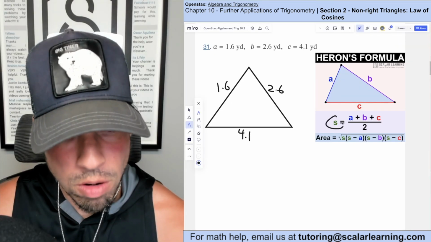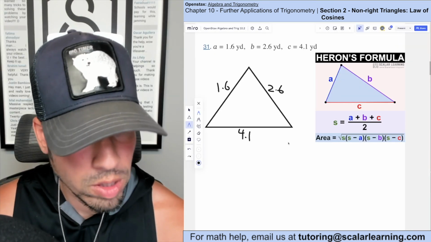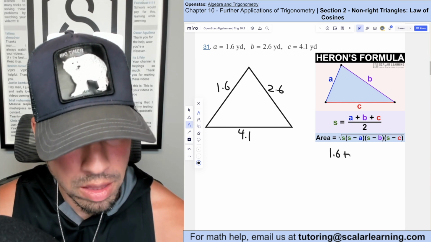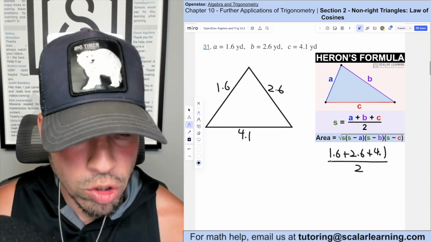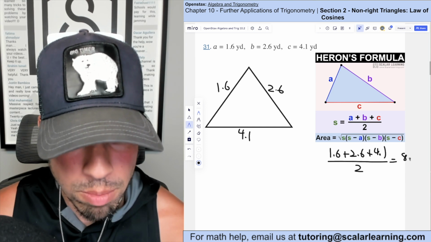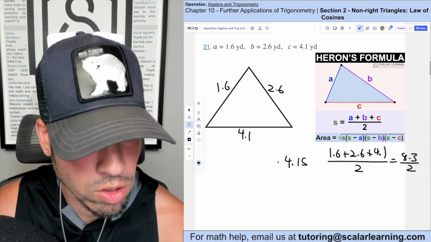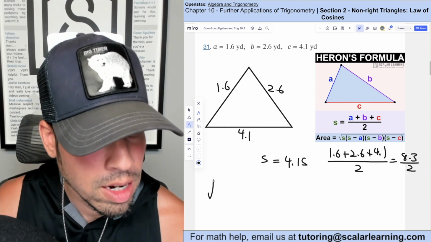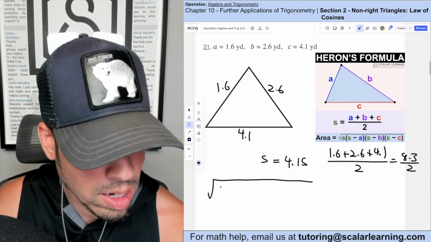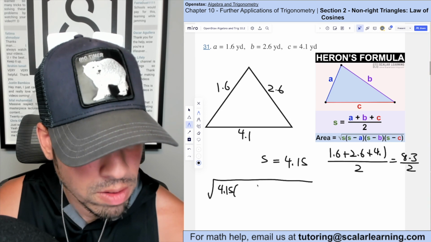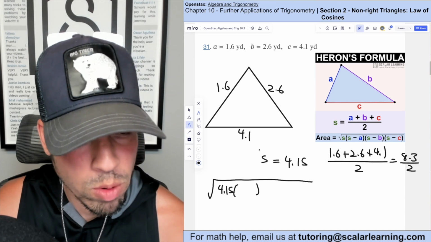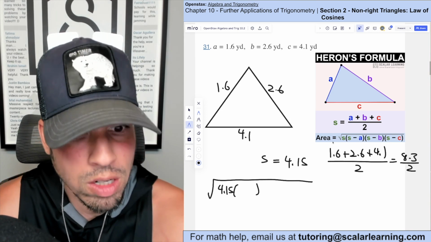So this one we have to start by calculating S, and we do that by adding the three sides together and then dividing by 2. So this is 4.2 plus 4.1, which is 8.3, divided by 2, which is 4.15. So that's my S value. And now we can solve using the formula. So we got S, which is 4.15. And then times the difference of 4.15 and one of the sides, right? There's no particular order.